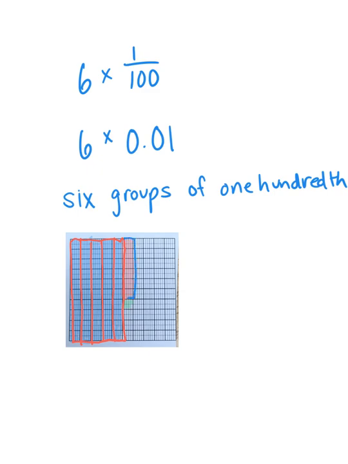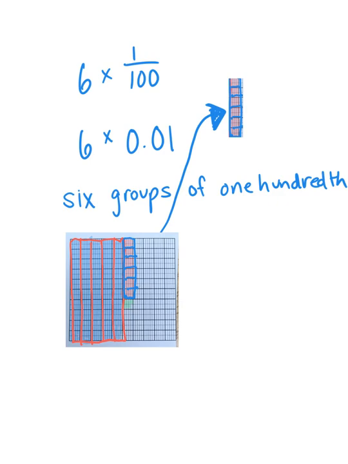Here they are. That's 6 groups of 1/100th. So for me, I always think these visual models are the best way to understand what we're doing mathematically here. So I just imagine when I'm doing my expanded form, I double check, do I have 6 groups of 1 out of 100? Yes, I do. They're right here.